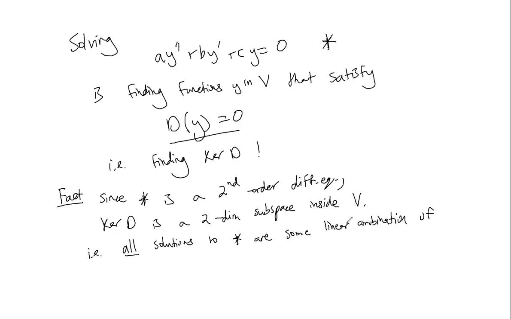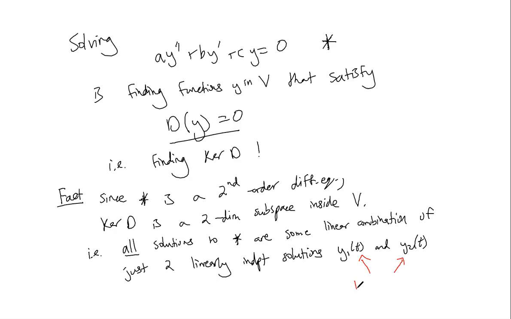They'll be a basis of the kernel of D. So all solutions are some linear combination of just two linearly independent solutions. Let's say y1 of t and y2 of t. These will be a basis of the kernel of D.